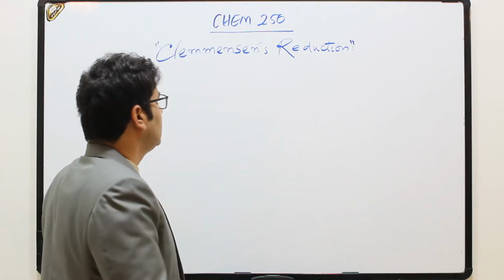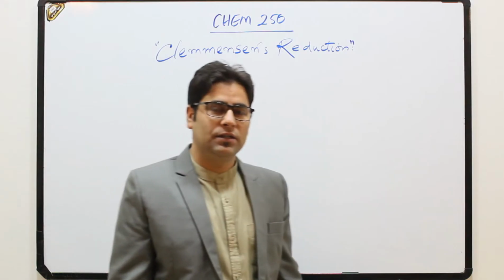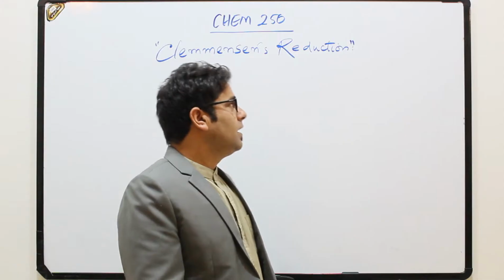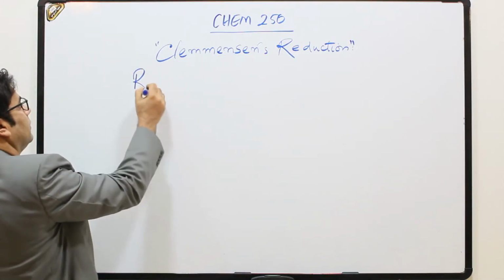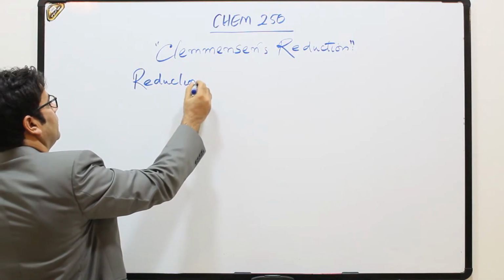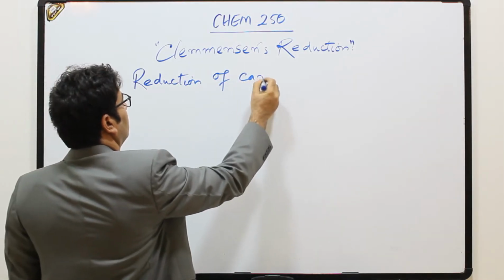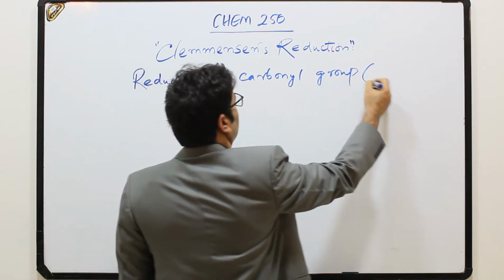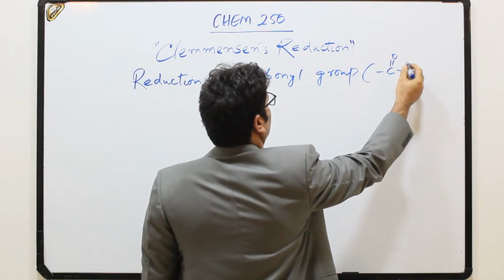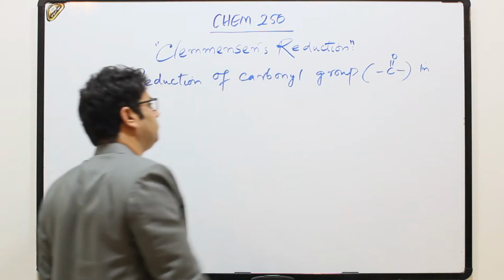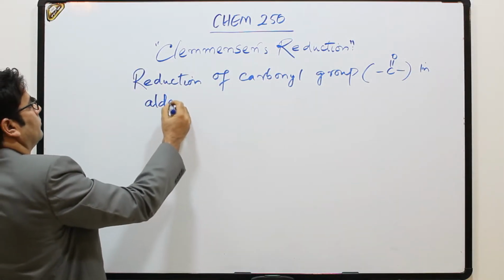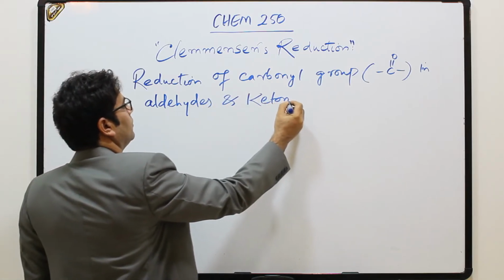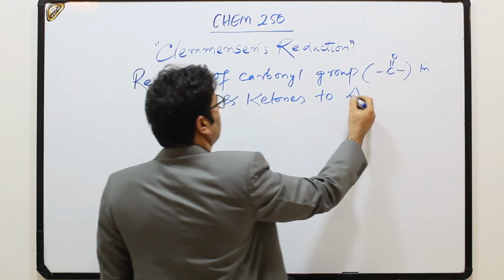Clemmensen reduction is named after a Danish chemist, E.C. Clemmensen. He gave the reduction of the carbonyl group in aldehydes and ketones, both, to alkanes.